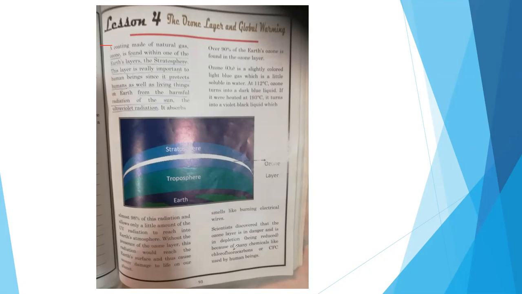So that's why the ozone layer is in danger, because humans are using chemicals such as chlorofluorocarbons or CFC. Okay, that is why it's in danger. So again, what is the function of the ozone layer? Okay, and why is it in danger according to scientists? Because of the harmful chemicals, or many chemicals like chlorofluorocarbons, which are used by human beings.